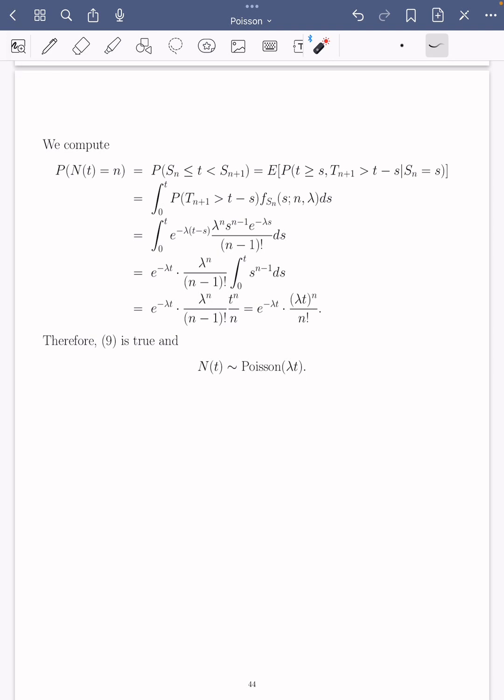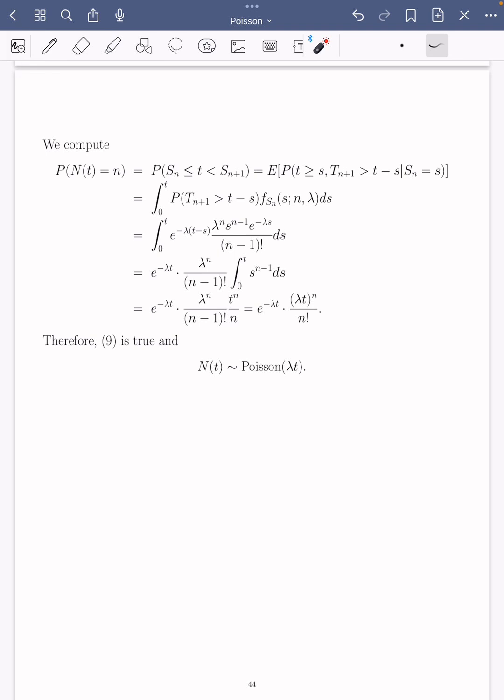So we can calculate this probability conditionally, by fixing the value Sn equal to s. Then t should be bigger than this s, and then T sub n plus 1 will be bigger than t minus s.